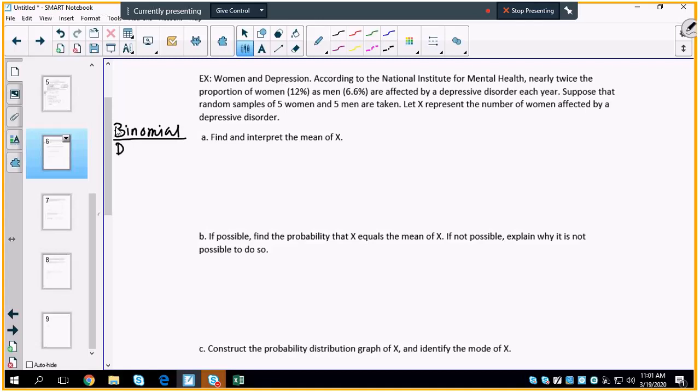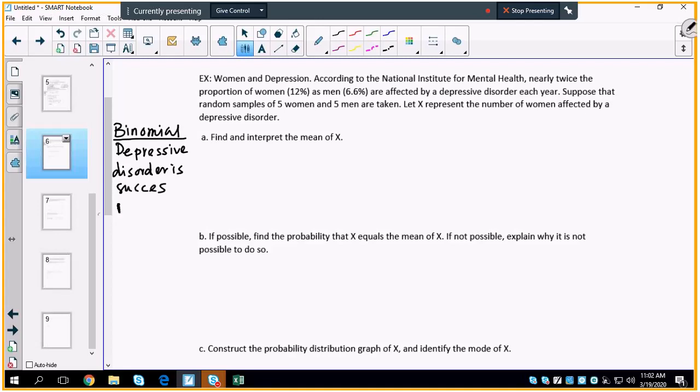Don't get me wrong, I'm trying to help you understand what is the required probability in the problem. Let's just call it success. I don't want anyone to suffer from depressive disorder, so depressive disorder being found will be considered as the success.